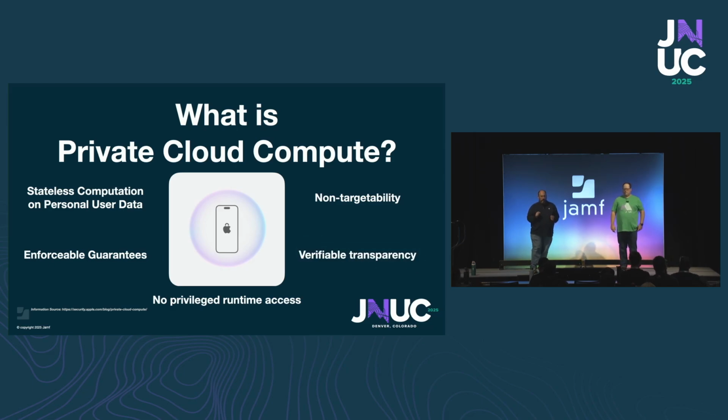Security researchers must be able to verify the security and privacy guarantees of private cloud compute, and they must be able to verify that the software that's running in a PCC environment is the same as the software they're inspecting when they verify the guarantees. In other words, security researchers must be able to verify all of these protections.